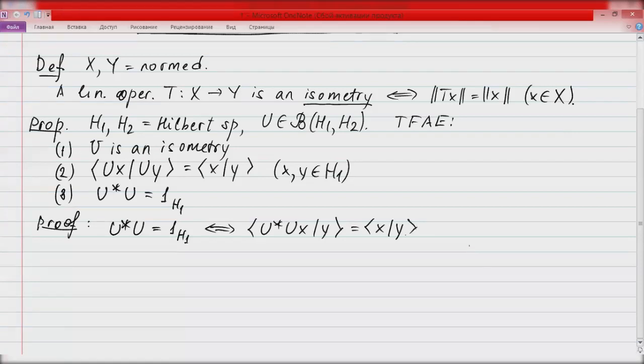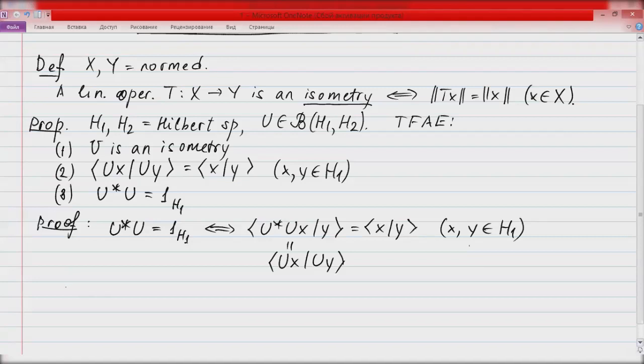This is just the inner product. And let's now observe that the left-hand side of this formula is nothing but the inner product of Ux and Uy. And we see now that conditions 2 and 3 in our proposition are equivalent.